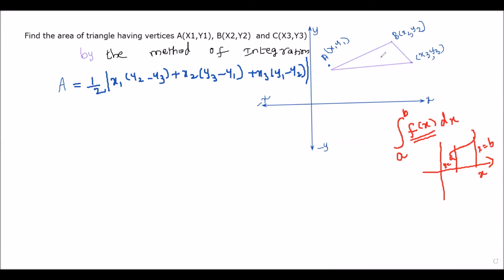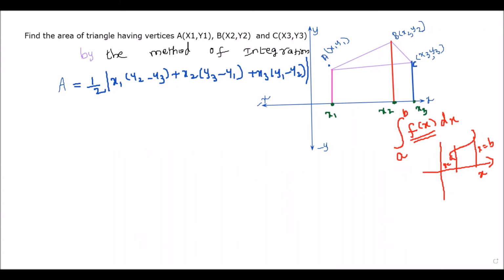This is vertex C. Now let me drop perpendiculars from C to the x-axis, from B to the x-axis, and then from A to the x-axis. Now, one more thing let me write here. This point is nothing but x1, right?